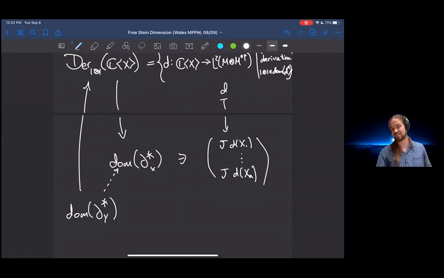And then you can upgrade that to saying that this is actually a module isomorphism of their closures with respect to the von Neumann algebra action. And that exactly is enough to tell you that the dimension of one space is the same as the dimension of the other. And so this is how we show that this thing is a polynomial algebra invariant, which is quite nice.